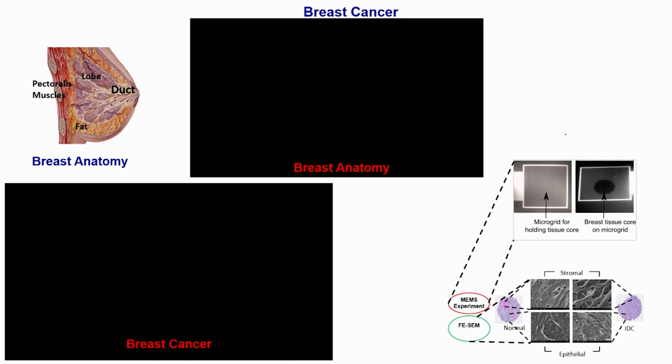On the right side, we see that the tissues are taken from the stromal region and from the epithelial region. If the tissue is normal, these two on the left are normal, on the right this is cancer, alright. I am just saying these particular tissues are cancer, these are normal.